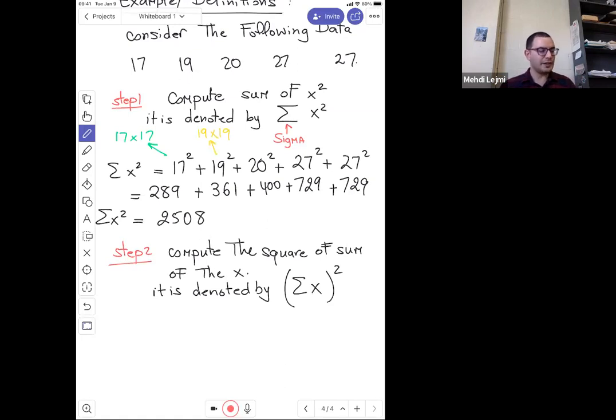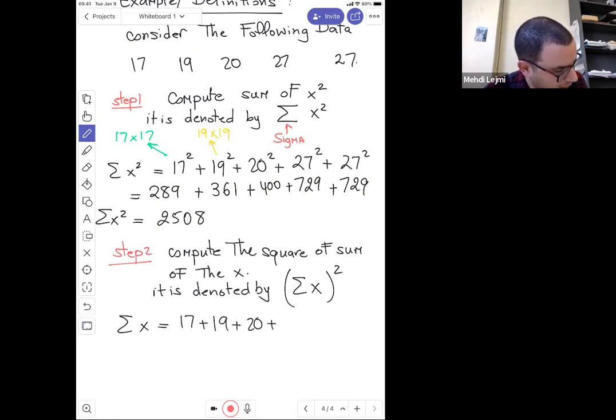All right, so what I'm going to do in this step number 2. First, I'm going to take the sum of the x's. So I'm going to take 17 plus 19 plus 20, plus 27 plus 27. Right?